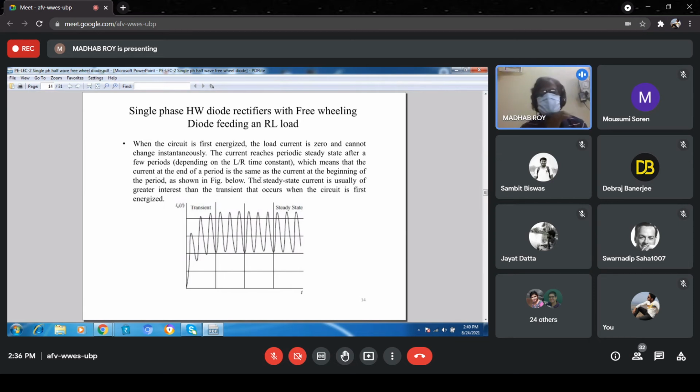If we apply a sinusoidal voltage, then the current will lag by the power factor angle. So there will be some lagging, and this lagging will develop over a few cycles. It cannot develop instantaneously. Got my point? For the very first cycle, it cannot.